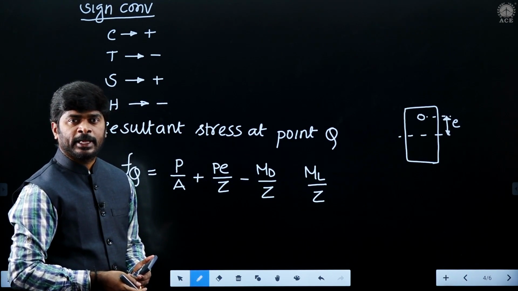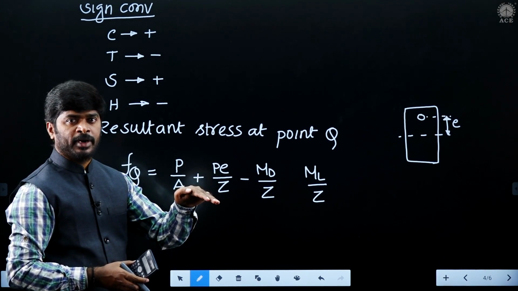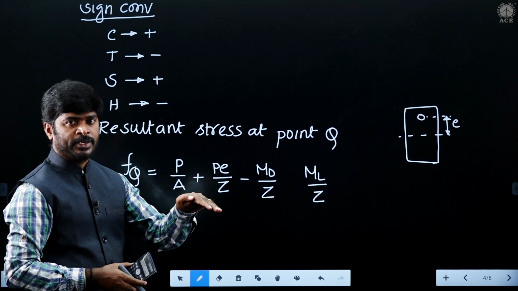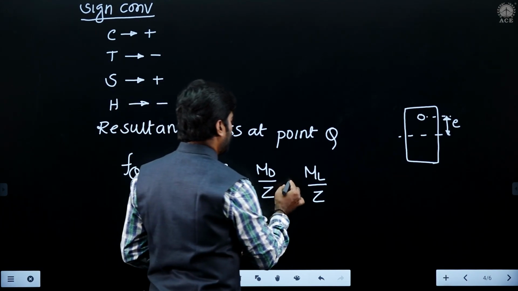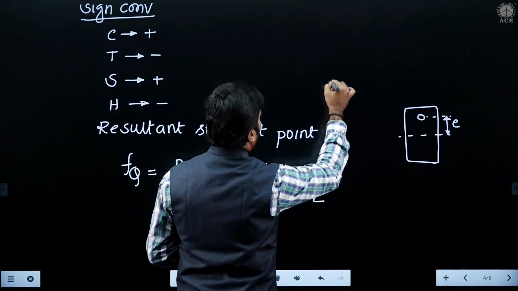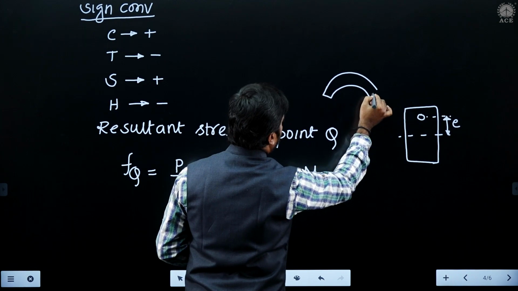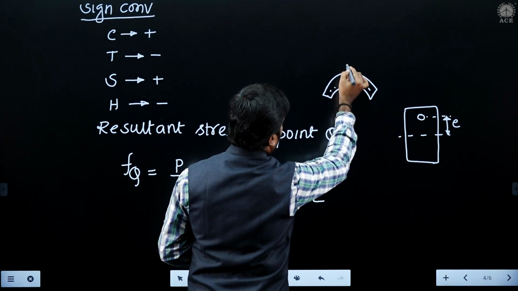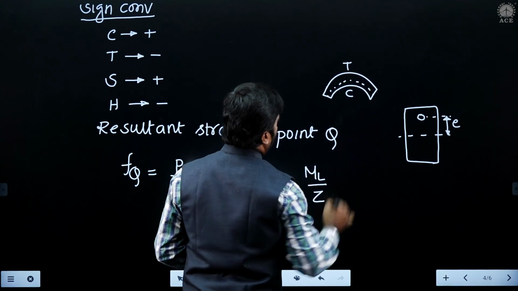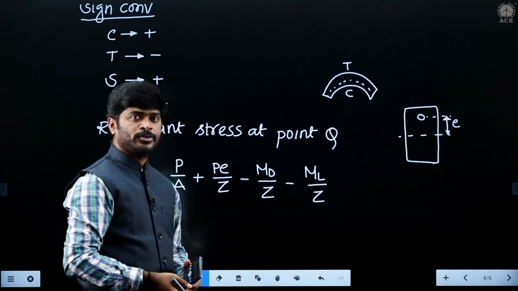Even you can take live load, my dear, live load also produces hogging curvature. At top fiber in a hogging curvature, tension will develop. I would like to show how hogging curvature will be. See here, this is hogging curvature. At top fiber I am asking, it is a tension, correct or not? So, for tension we are going to take negative sign.